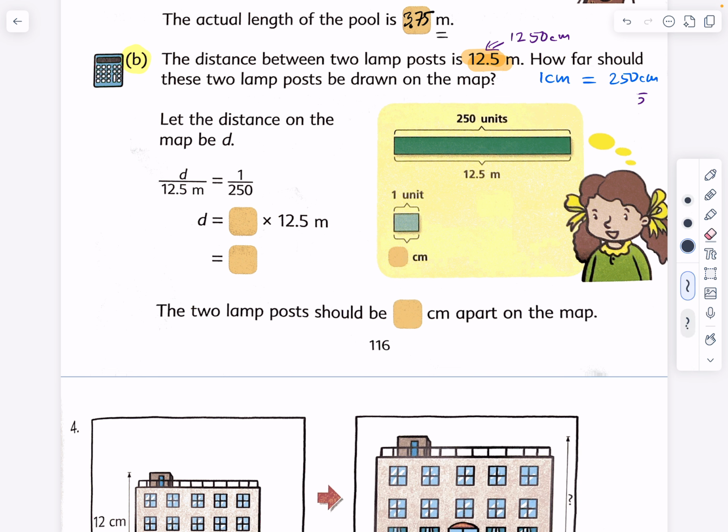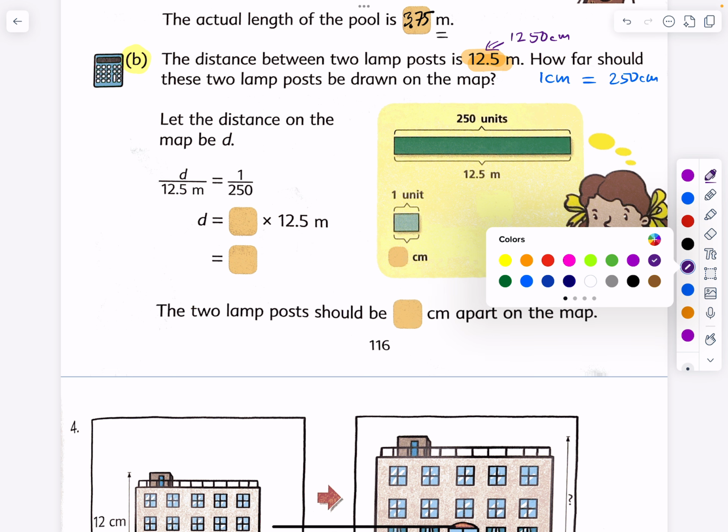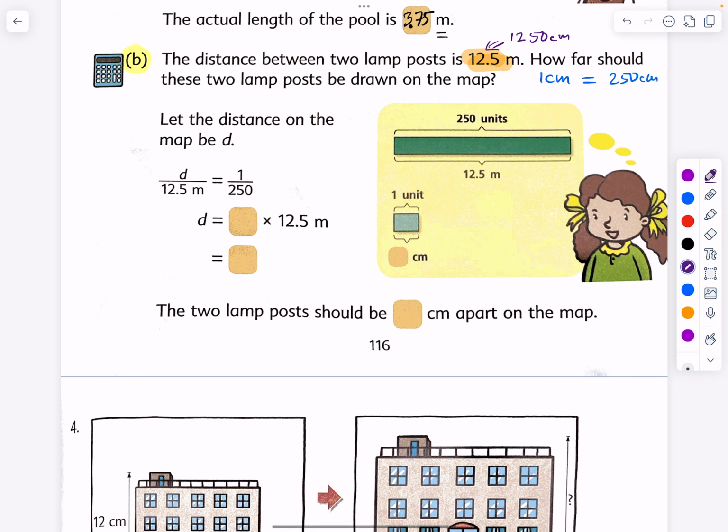Let's write it like this. Let's put real distance on the real distance. 1,250 centimeters is to x centimeters on the map. Let me label. This is map, and this is reality. Real world, right?